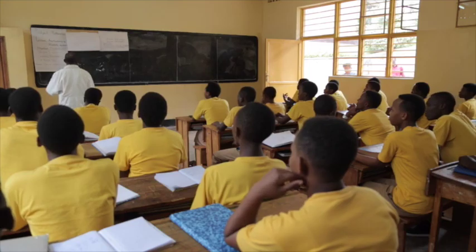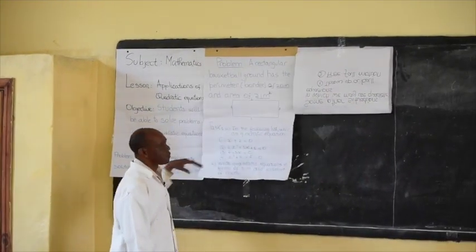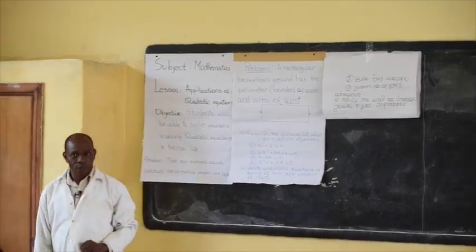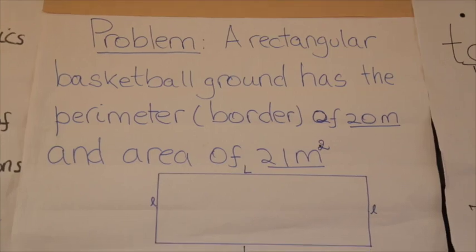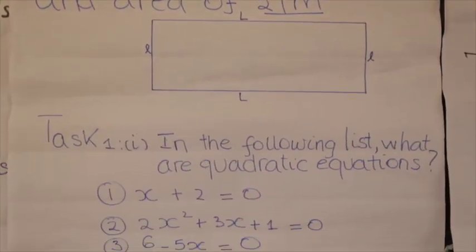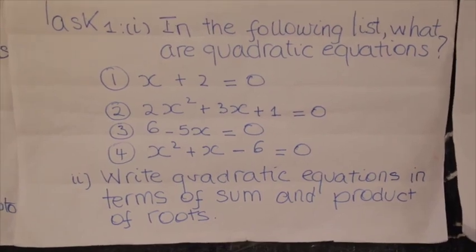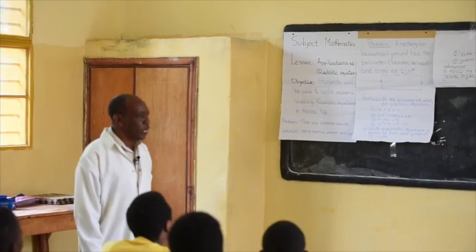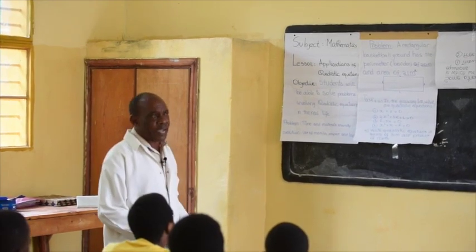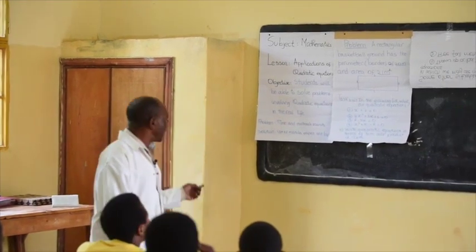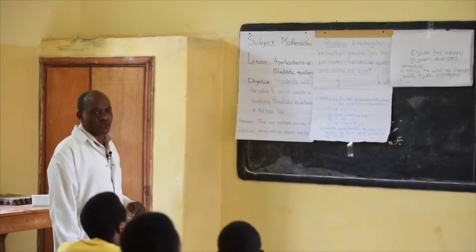Now, before we continue, here we have a problem of real life. We have a rectangular basketball ground. We give its perimeter as 20 meters and its area as 21 square meters. Now we want to find the length and the width of this rectangular basketball ground.